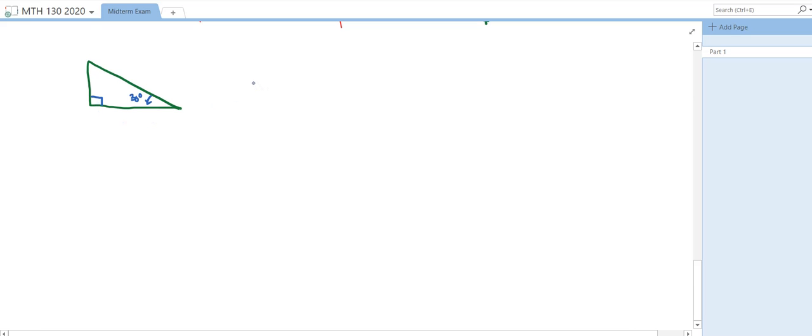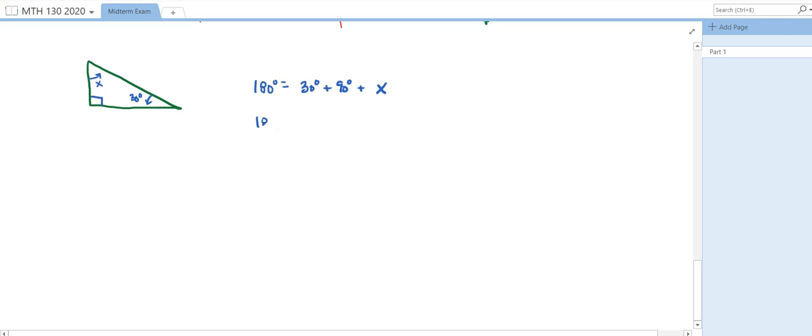This is 90. We know that a triangle has 180 degrees total. So 180 equals 30 plus 90 plus, I guess we could say x, some angle here that we'll call x for right now.